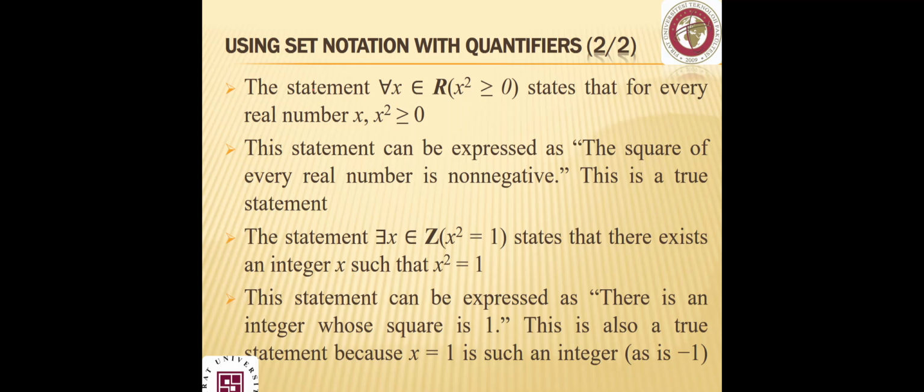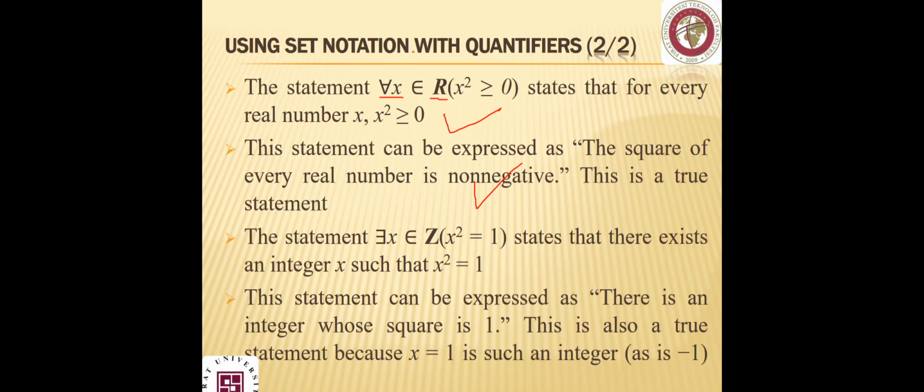Or you can refer to it by an easier way: every real number x, the square of it is greater than 0 all the time. And this is true. Okay. Why? Because we say for all or for every. You can refer to it by another way: the square of every real number is non-negative. That's also possible, acceptable.